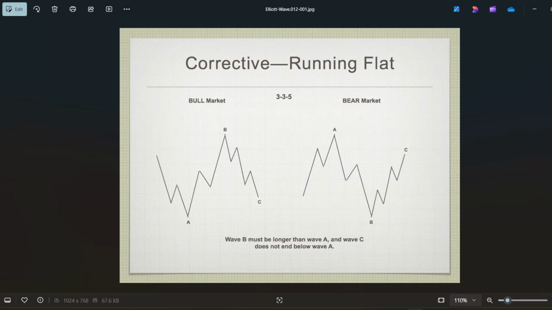All right, now a running flat occurs when the market is in a strong trend. All right, remember that is a key point to note, okay? And there is not enough selling or buying pressure to push the price into a deeper correction.